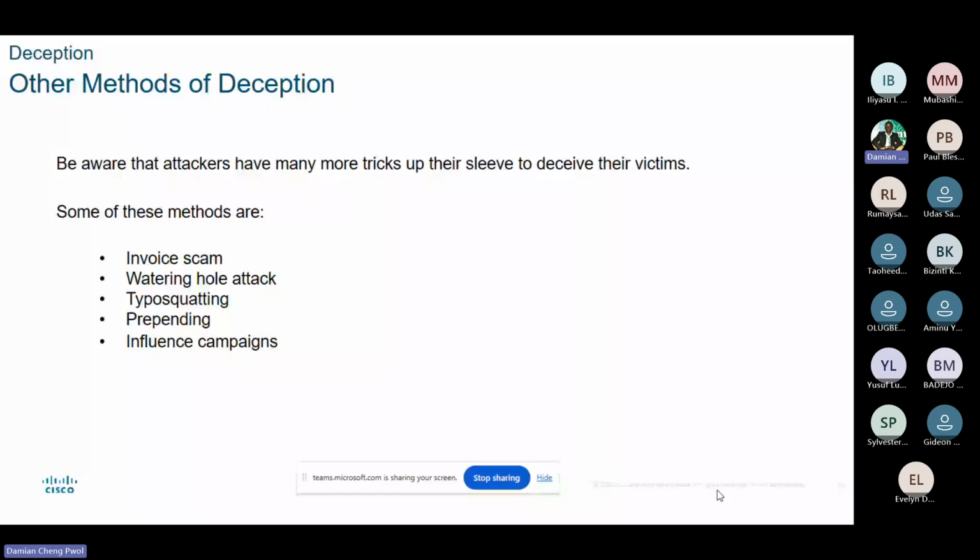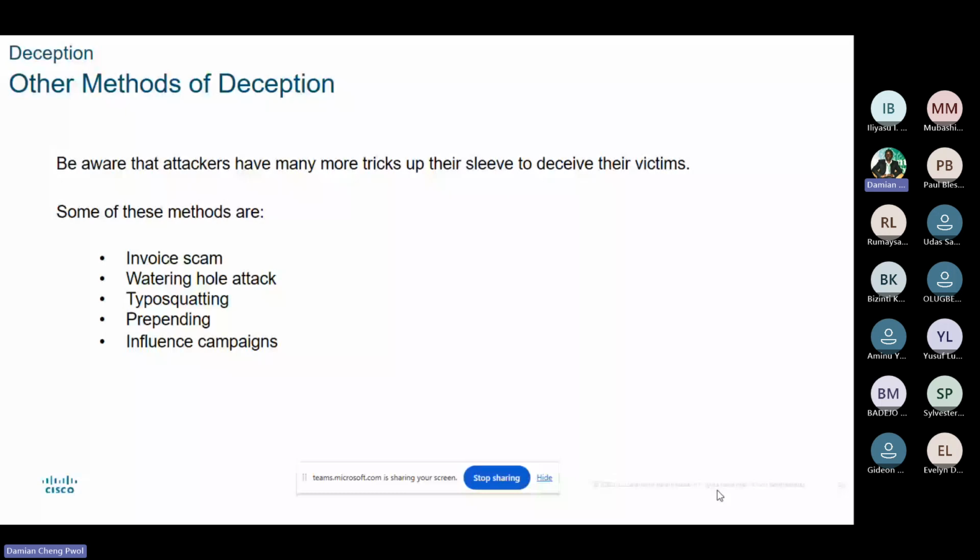So one has to be careful in divulging confidential information. These are other methods: invoice scam, watering hole attack, typosquatting, and influence campaigns. You have all these in your curriculum.